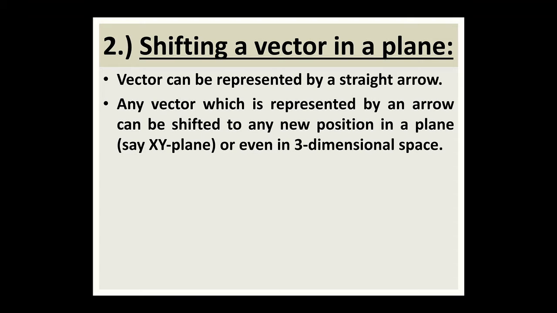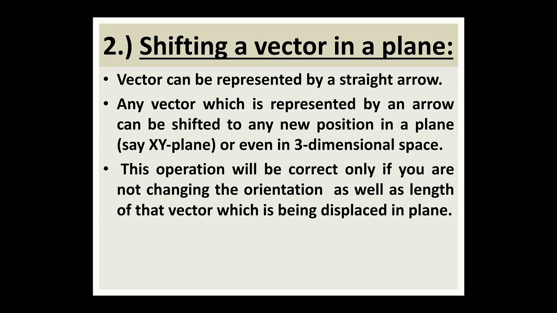Any vector which is represented by an arrow can be shifted to any new position in a plane, say the xy plane, or even in three-dimensional space. This operation will be correct only if you are not changing the orientation as well as the length of that vector which is being displaced in the plane.